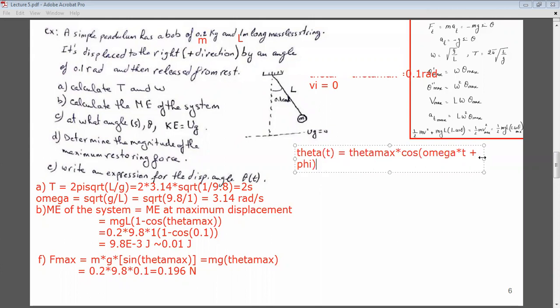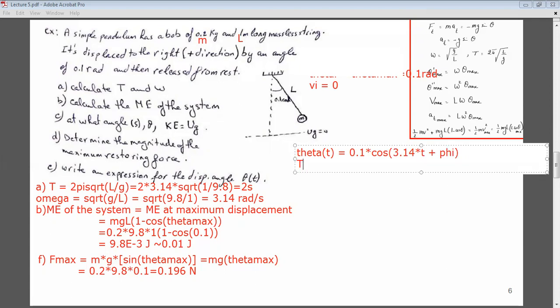There are things we know and we can directly plug them. I know, for example, that theta maximum is 0.1. So I plug it in radian, and I've calculated my omega. How much is omega? It's 3.14. So I plug it in.